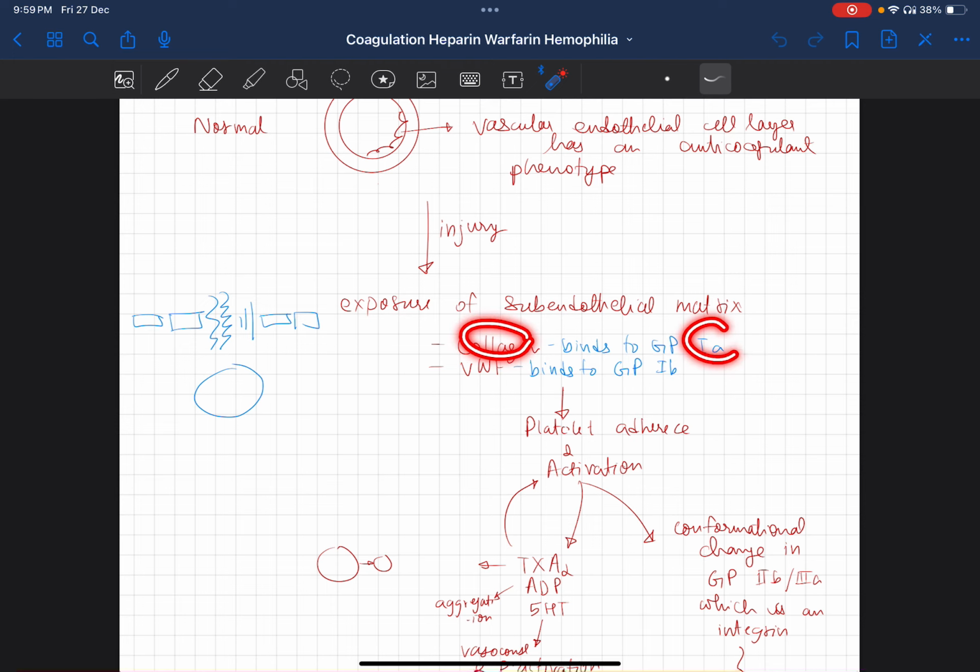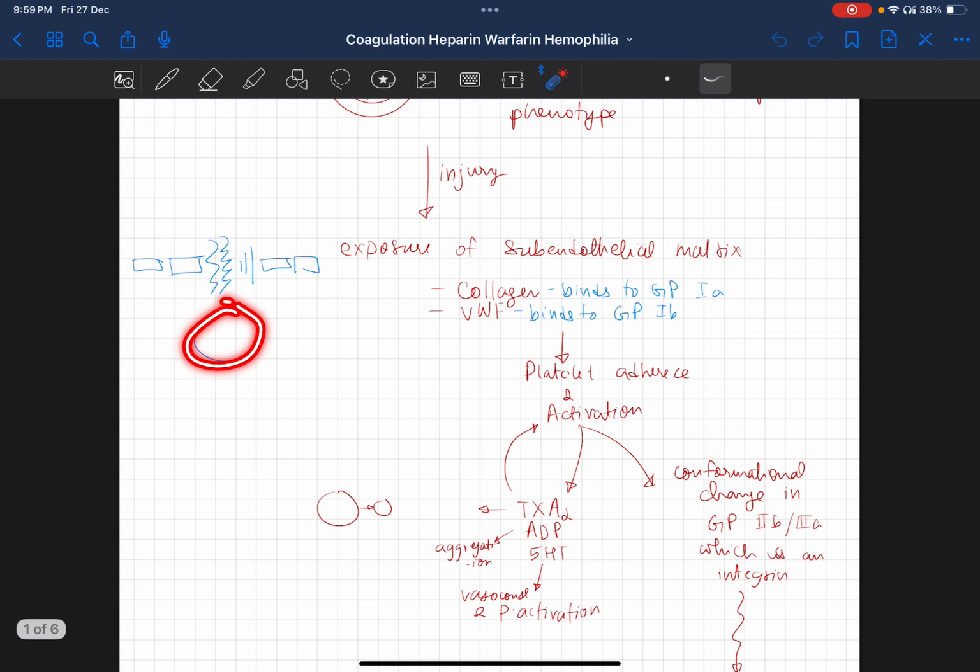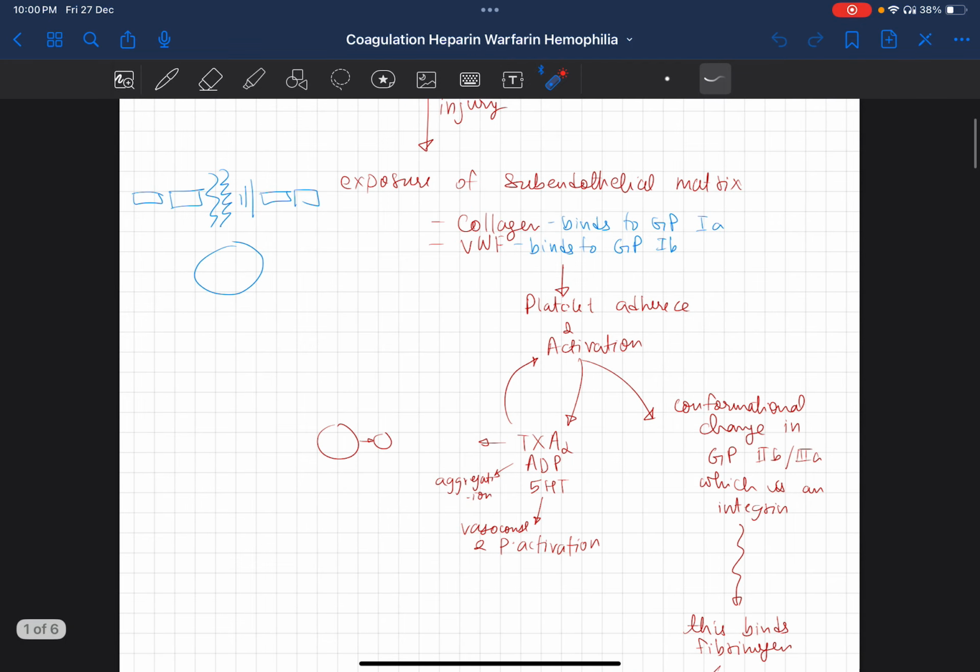Collagen binds to 1A, von Willebrand factor binds to 1B. This will cause adherence of the platelet to the subendothelial matrix, causing platelet adherence and activation after binding to these two.